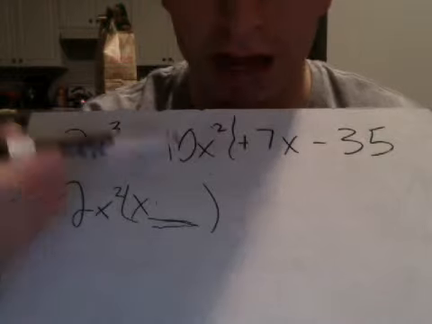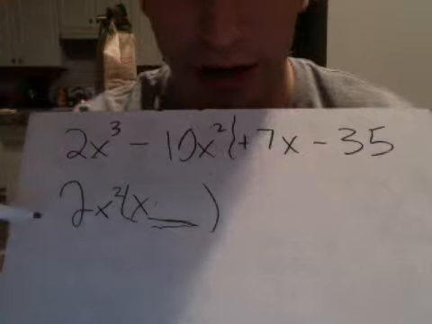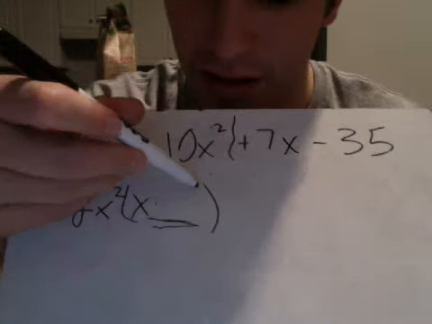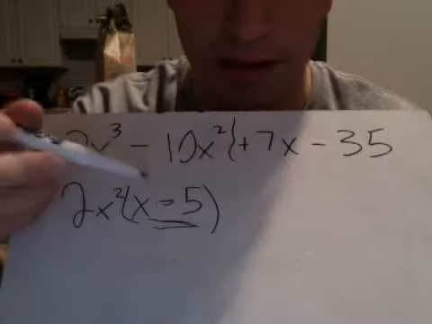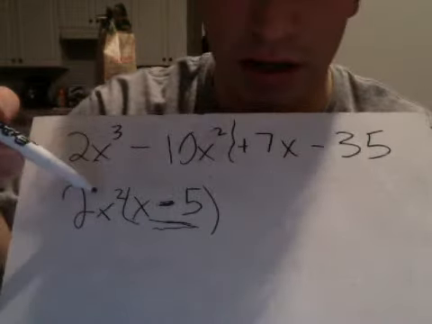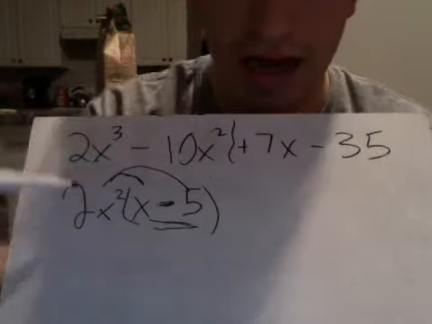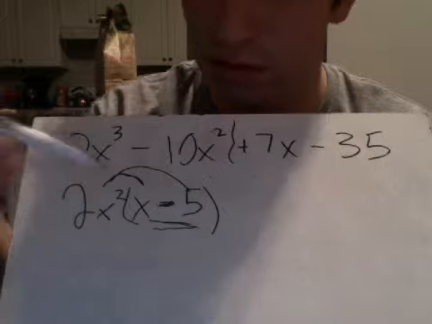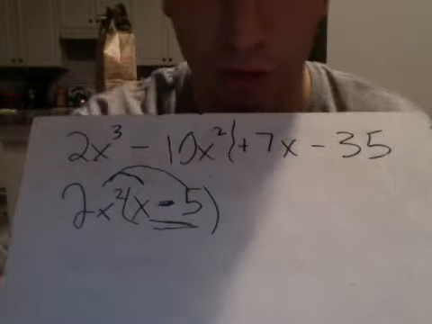Over here I took out 2, and I took out the x squared, so there's not any x's left. So really all that's left is 5. And it was minus. And I could check my work if I wanted to. If I did the distributive property here, I should get up to my original problem because I'm not changing anything, I'm just breaking it down.